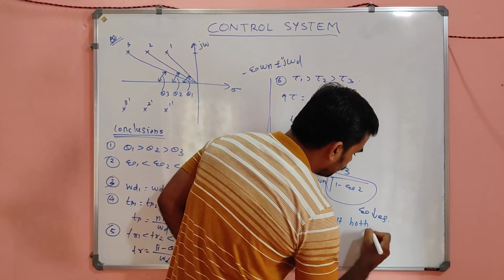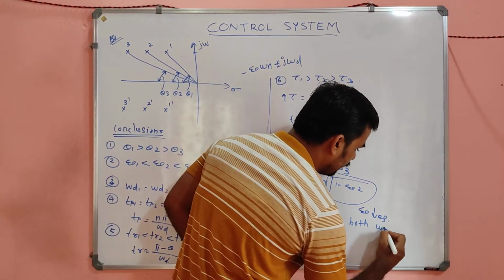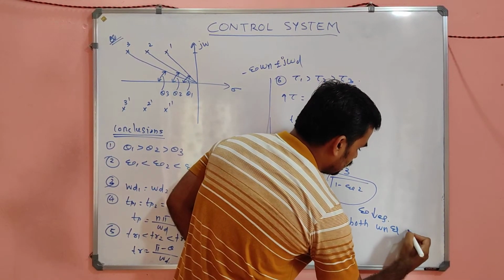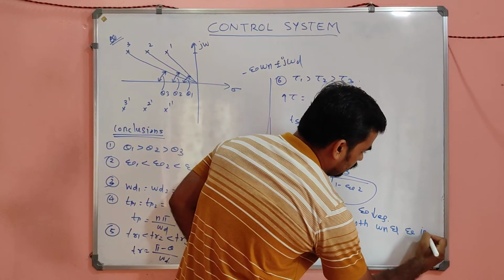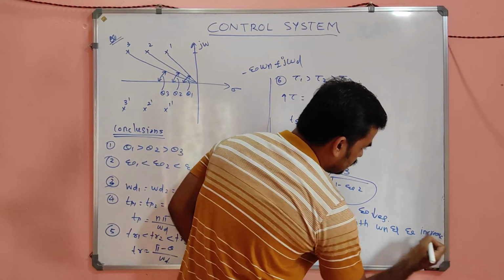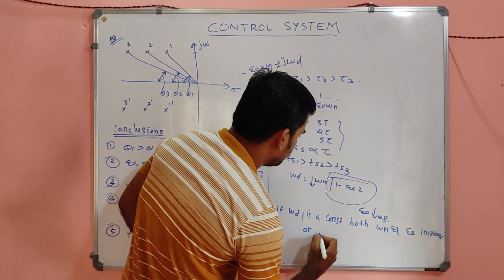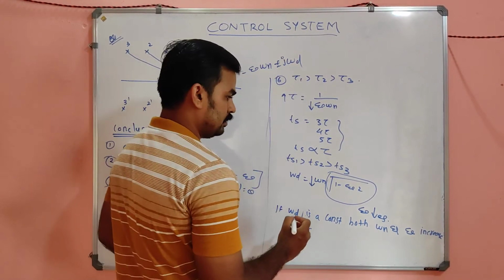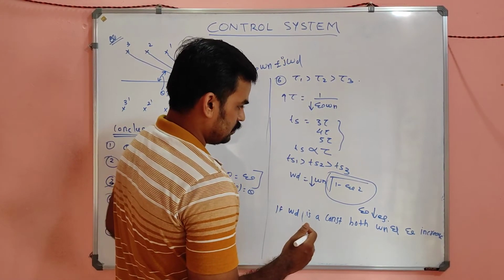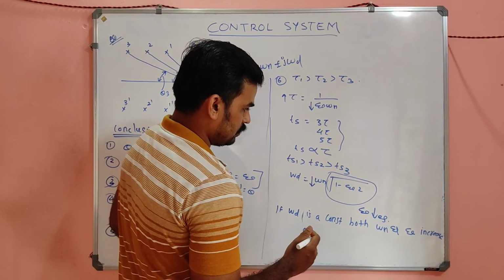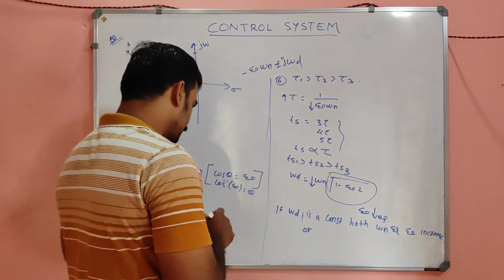both omega n and zeta increase or what? Sorry.